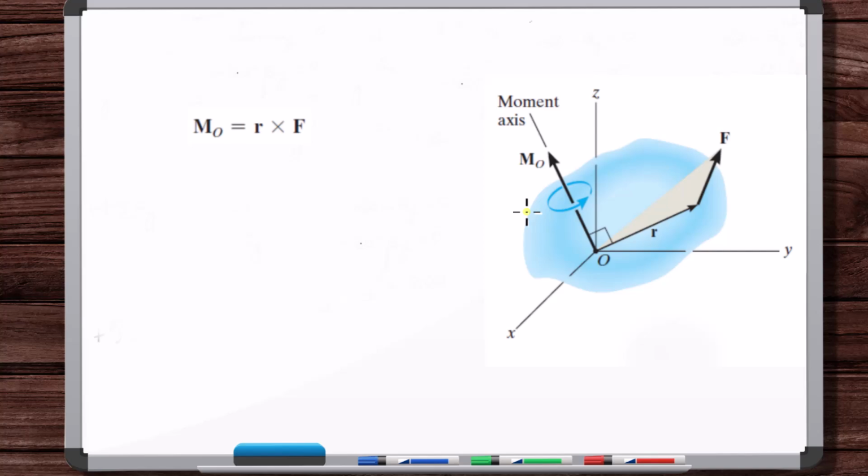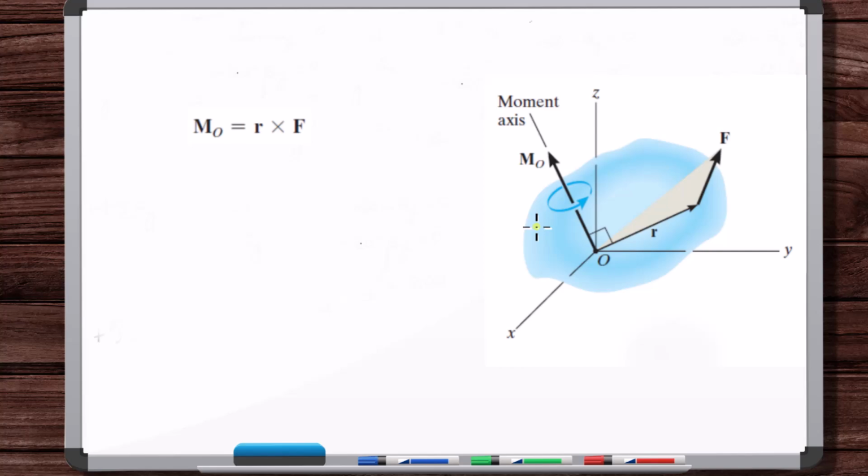And what's that a function of? How large the force is and how long that moment arm is. The longer the moment arm, the bigger the magnitude of the vector. The larger the force, the bigger the magnitude of the vector. But then also you need that direction. What's the rotation axis?